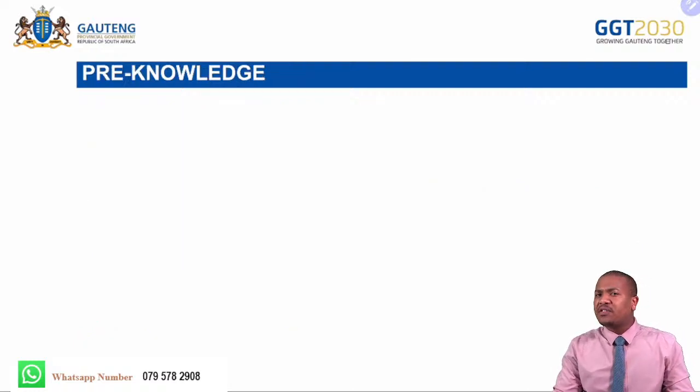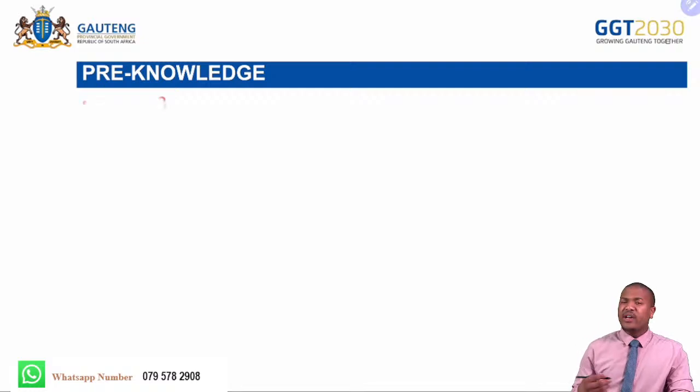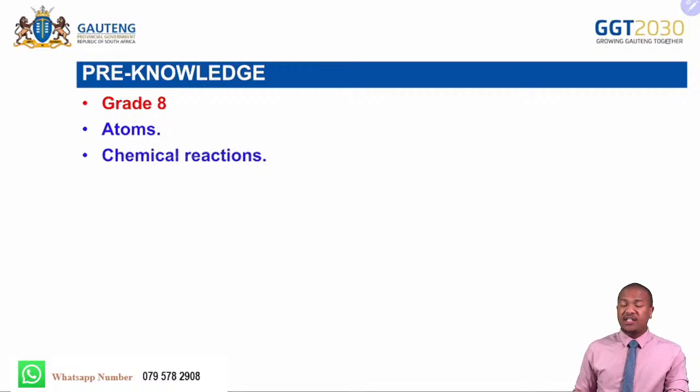Pre-knowledge is what we have done in terms of topics in the previous grades and also the same grade prior to this lesson, right? So in grade 8, we have done atoms, which are our building blocks of matter. You still remember that? We also have done in grade 8 chemical reactions.